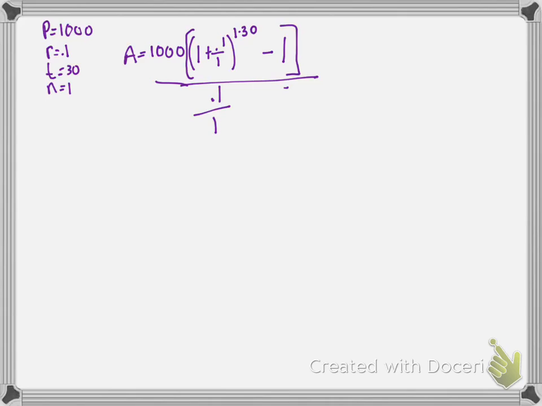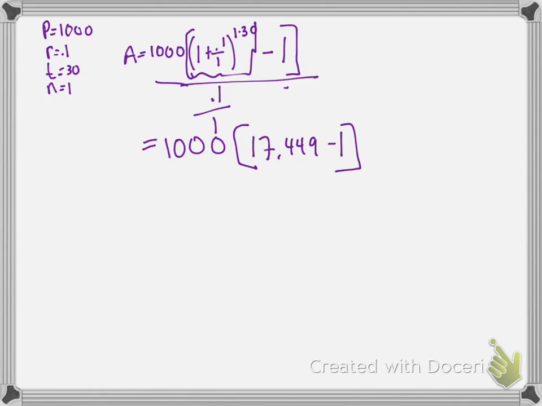Okay, again, gotta get a calculator to work with this. So give me a second. Okay, so this is telling me that 1,000, the part in the middle is what I just did in my calculator, and it tells me that that should be 17.449 minus 1, all over 0.1.